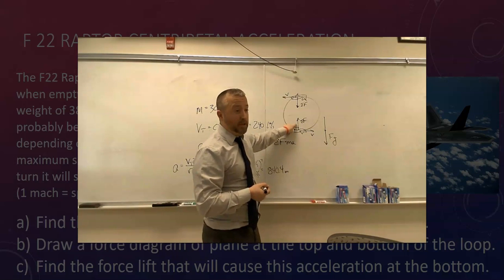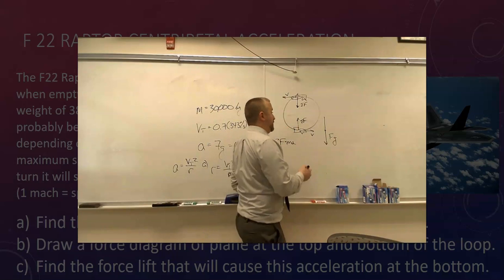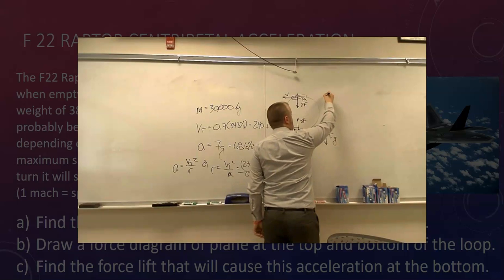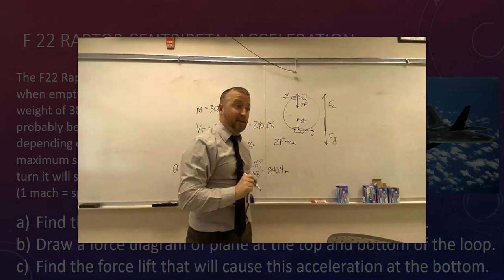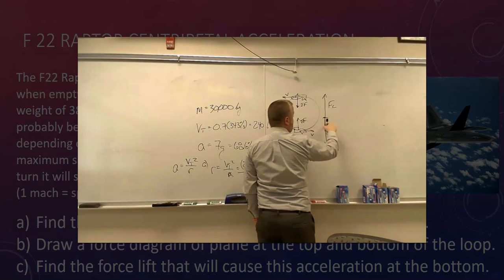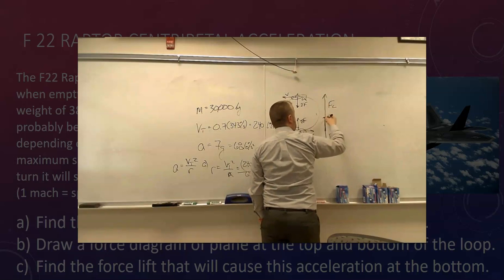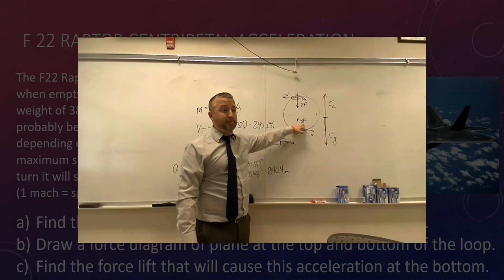We also see from here that there needs to be a net force, an extra amount up. So it would make sense then that force lift would be much bigger than force gravity. How much bigger? Well, force gravity needs to be equaled out by this much force lift, and this extra amount over here is the net force.